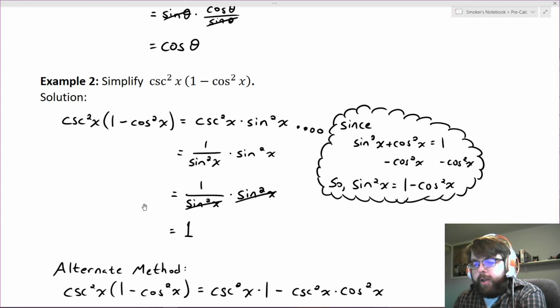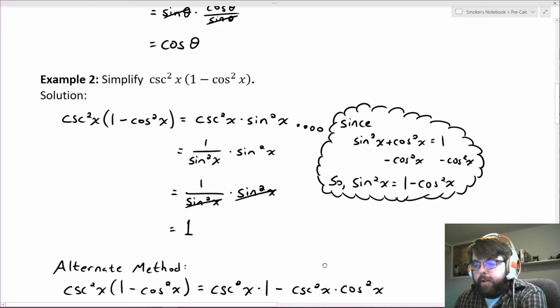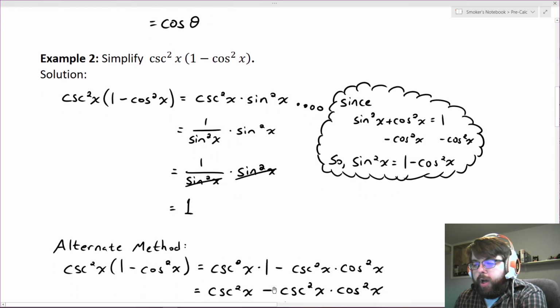All right, so another way you can do this is you can distribute the cosecant squared into the parentheses. Okay, this will be a longer method, but it will work, and there's nothing wrong with it. So I'm taking cosecant squared and multiplying it by 1, then minus cosecant squared multiplying it by cosine squared. Well, times 1, that goes away, no problem.